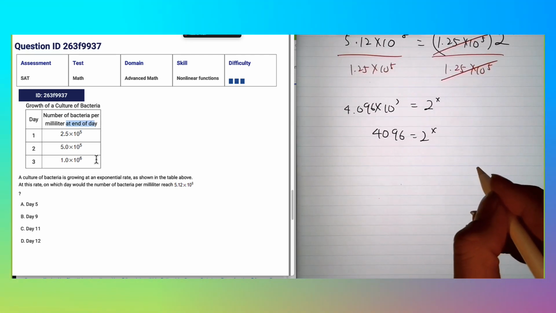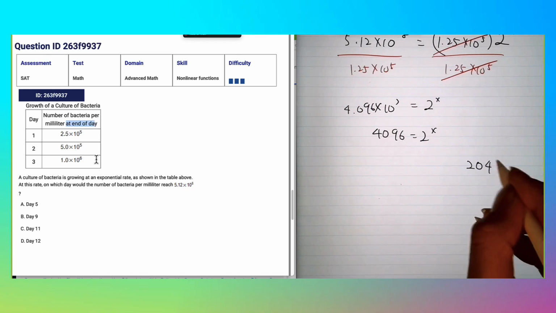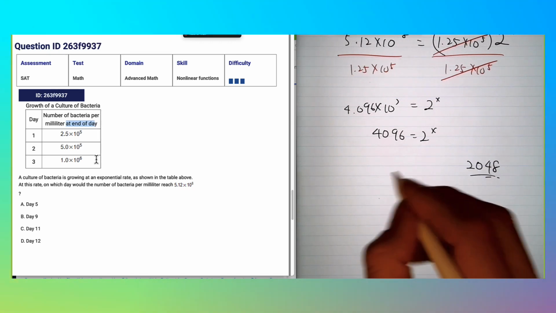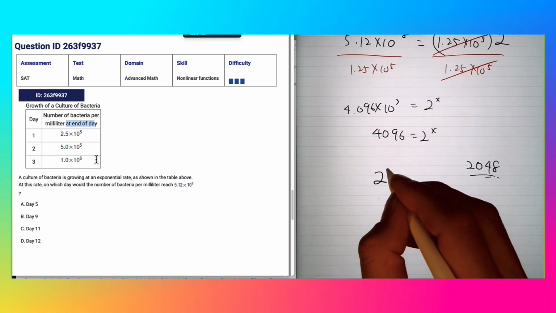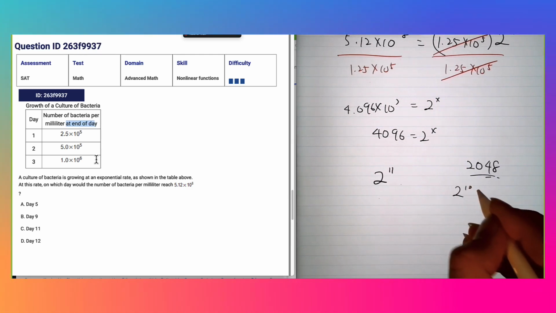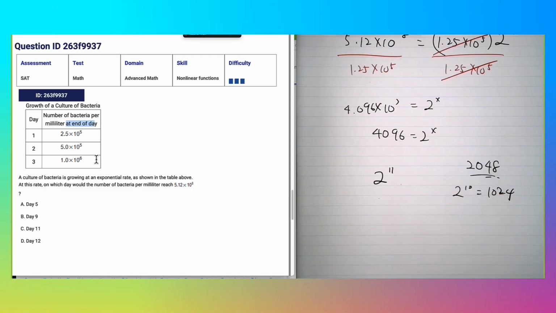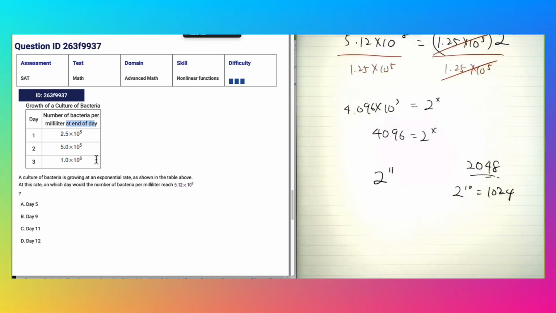Now, if anyone remembers playing video games such as 2048, you might remember that this is 2 to the power of 11, I think. Because 2 to the 10 equals 1024. So 2 to the 11, I'll double check. 2 to the 11 gives you that amount.